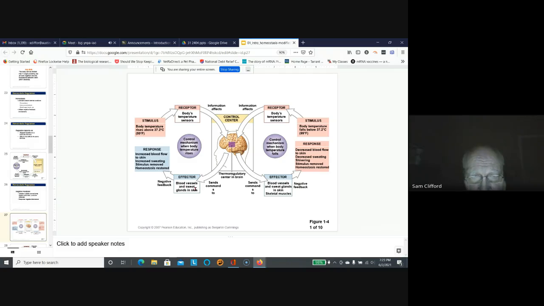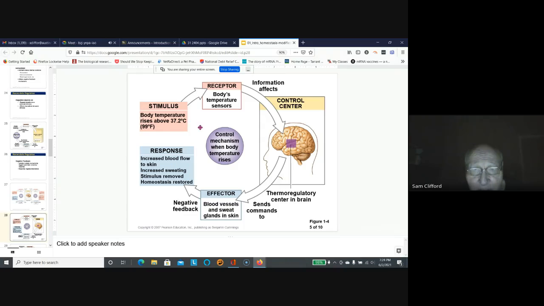Blood vessels carry blood to the surface of the skin, heat is released, you sweat, and that temperature is returned to 37 degrees. So the rise in temperature is negated. That's why it's called negative feedback.